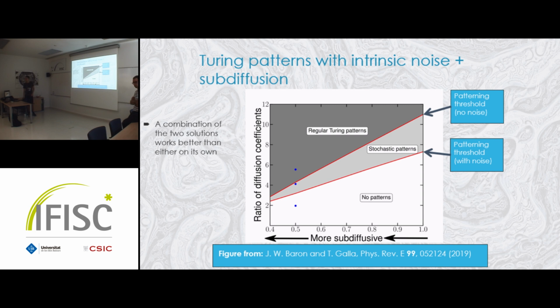So my question is, in this problem you chose some set of physiologically reasonable parameters, you have no oscillations in the deterministic limit, and you have oscillations with noise.